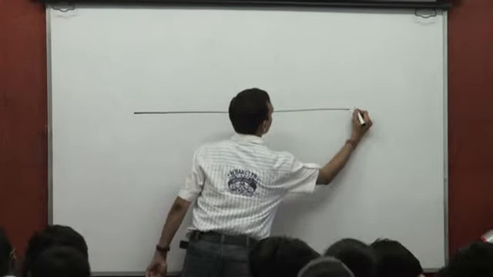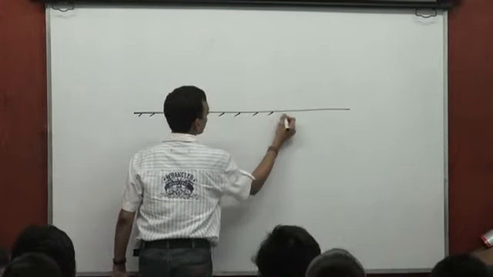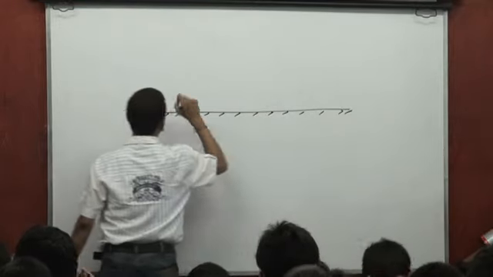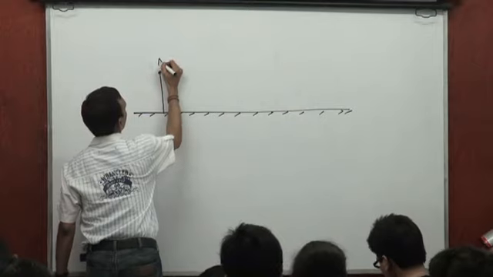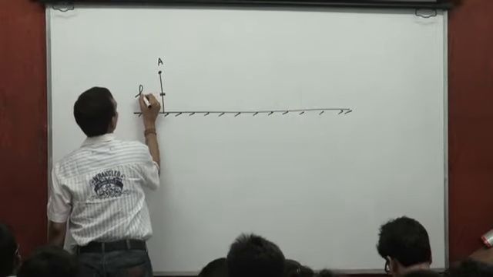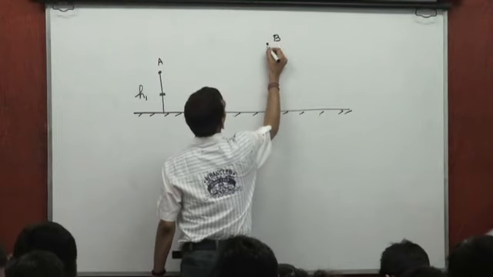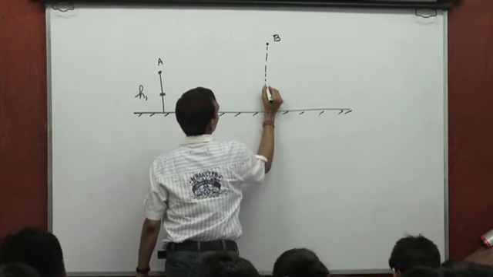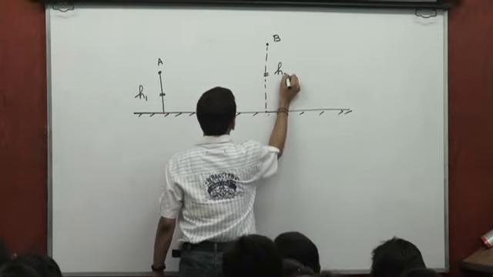A plane mirror. There is a fixed point A, located by a number H1, another fixed point B. To locate B, a number H2.